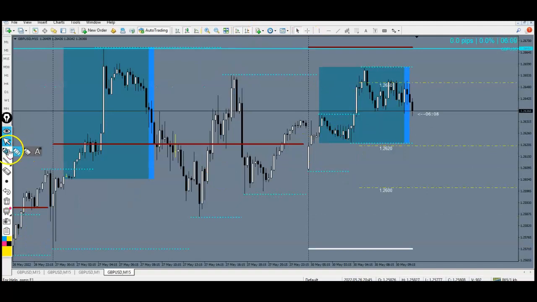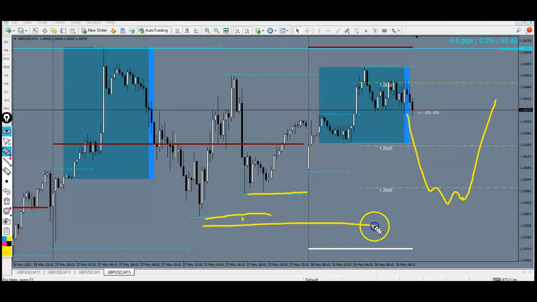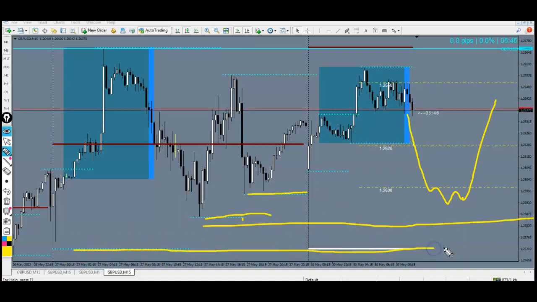We could look to go to the lows here or here for price to change direction. It could come all the way down to this level, do some manipulations, and then begin to move up, or come to the very lows, lower there, or even the previous lows there, before it starts moving back up.